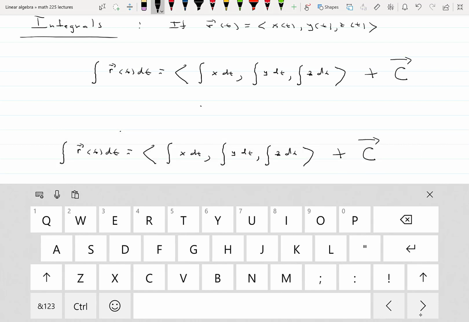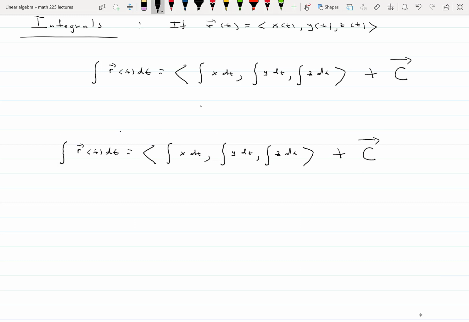So if I replace the indefinite integral with limits, then I replace the components with definite integrals. And we lose, what do we lose? Constant of integration, okay? This is kind of cool.